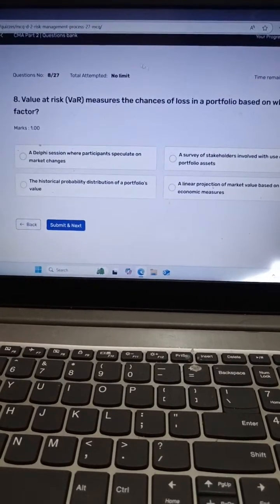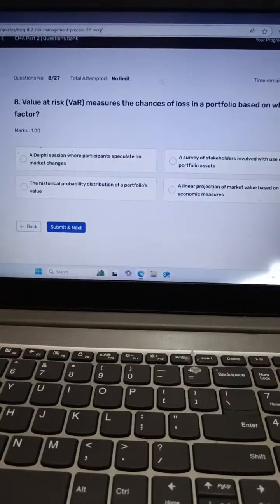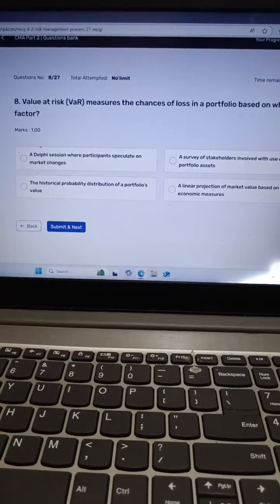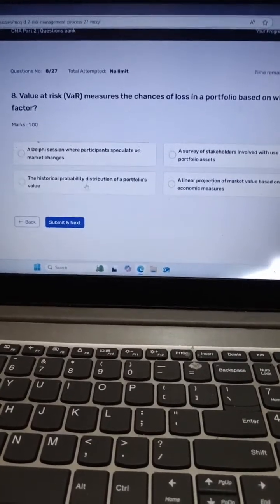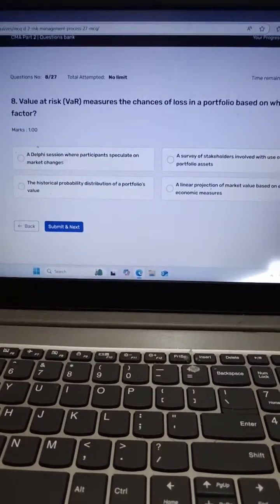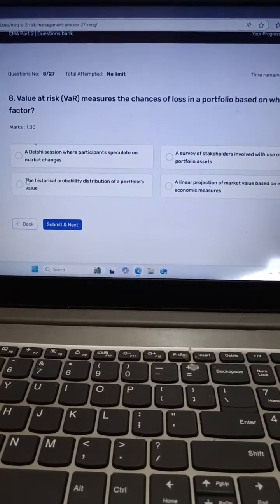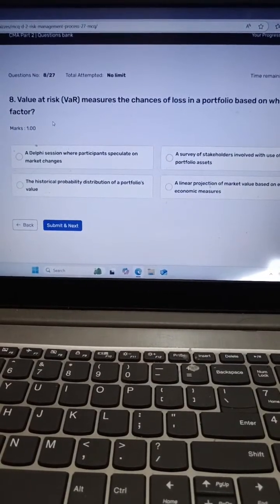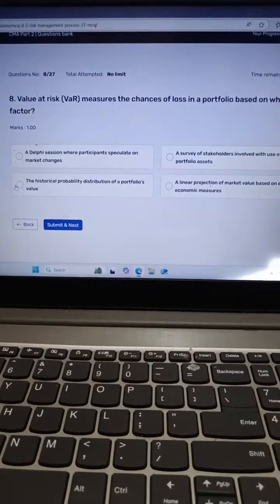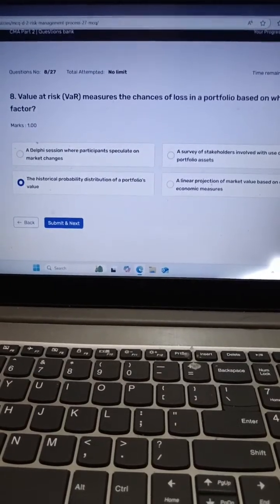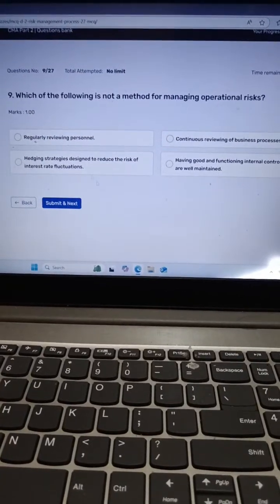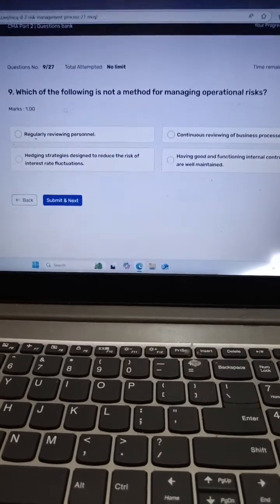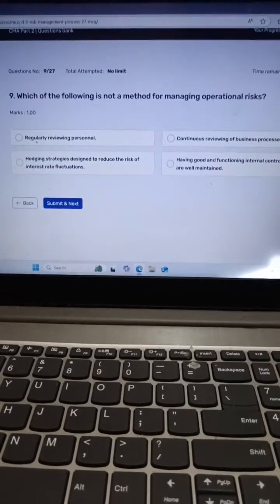There will be a normal distribution chart, from -1 to +1. All the probability can be between +1 and -1. That's why this is a historical probability distribution of portfolio value, and other options are irrelevant. Which of the following is not a method of managing operational risks?